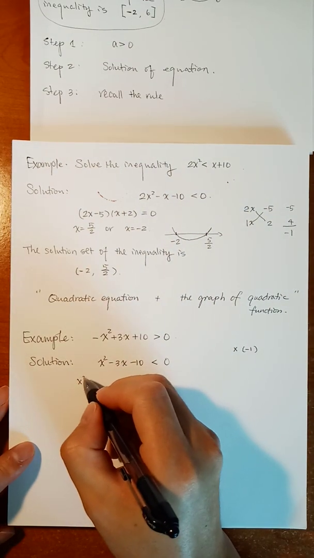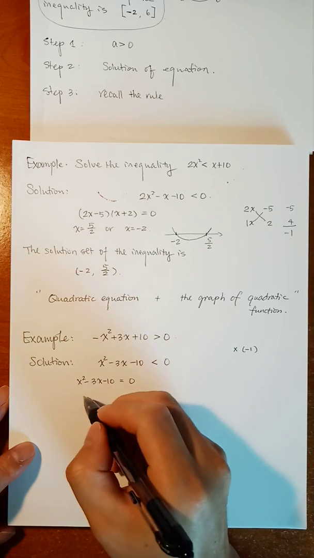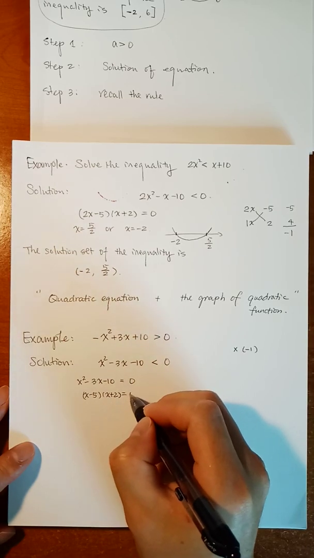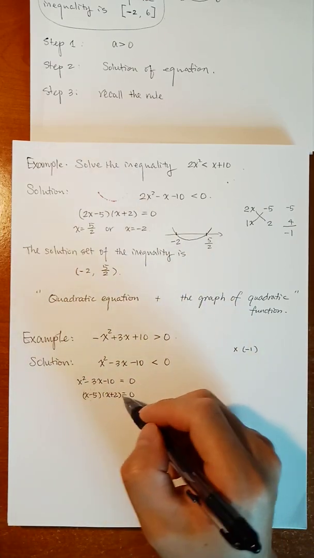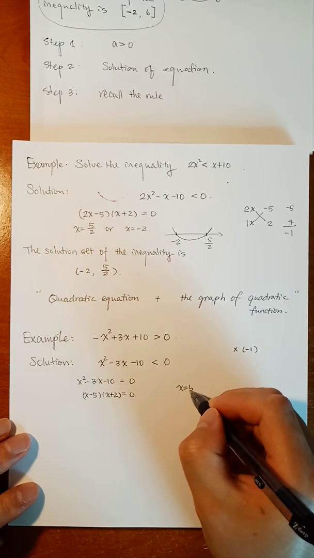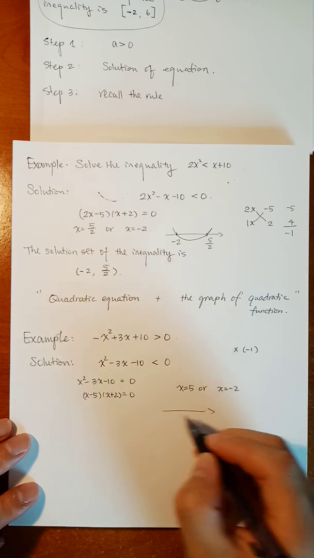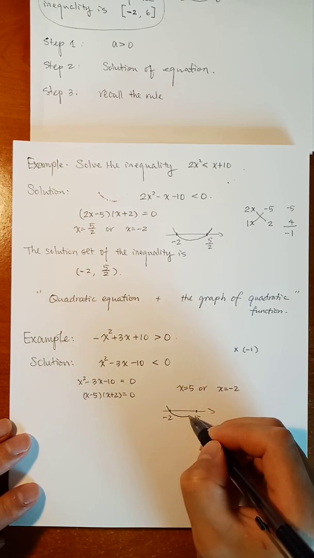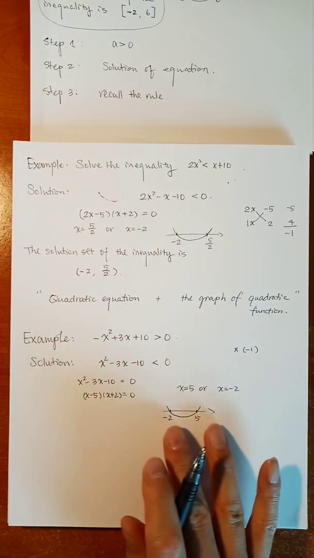And then you try to factor it. You can see the -10 as -5 times 2, and -5 plus 2 is -3. So you get x is 5 or x is -2. And then you put -2 here and 5 here, because at this moment the leading coefficient is positive, so it's between those two solutions.